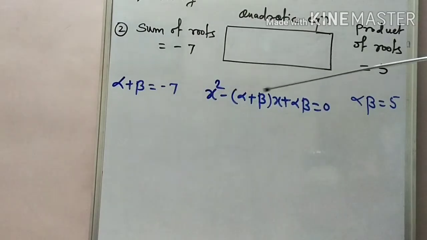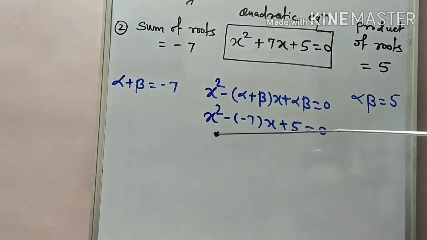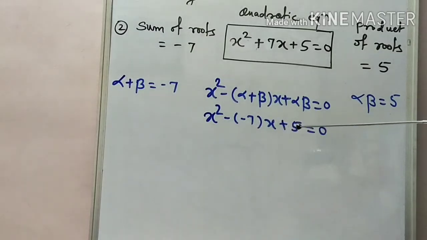And as we substitute the given values over here, we get the equation as x square minus of minus 7 into x plus 5 equal to 0. And as we do this operation, minus into minus, the product is plus, and hence the quadratic equation x square plus 7x plus 5 equal to 0 is the answer.